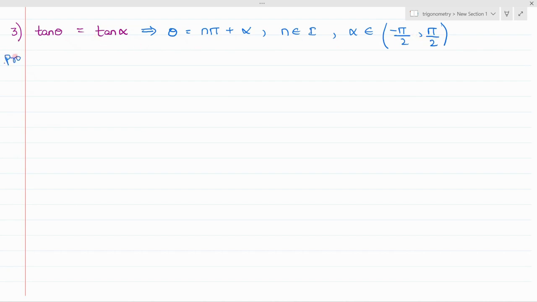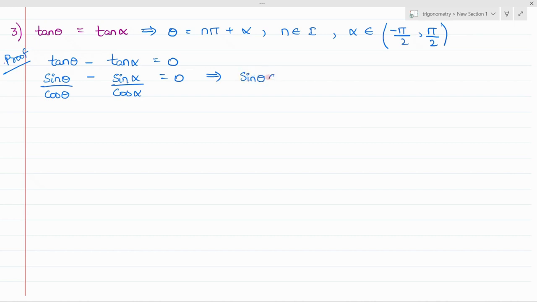So let's prove this. Now this also we can write as tan theta minus tan alpha equal to 0. Tan is nothing but sine by cos. So sine theta by cos theta minus sine alpha by cos alpha is 0. Just take LCM over here.